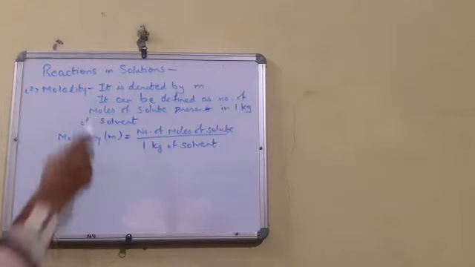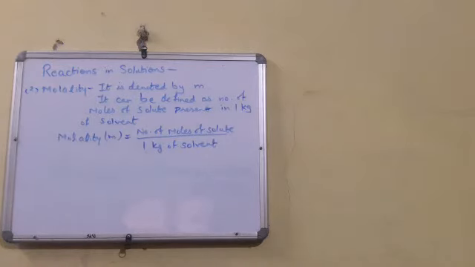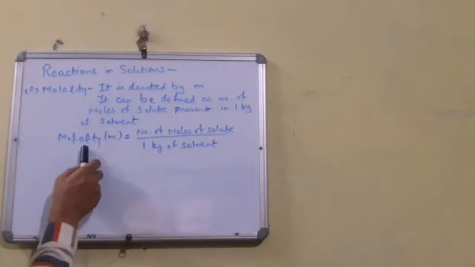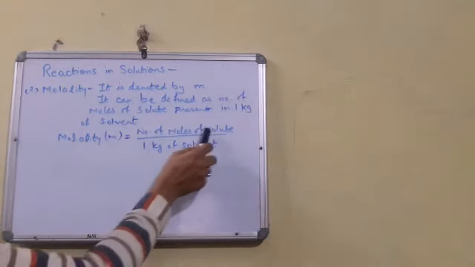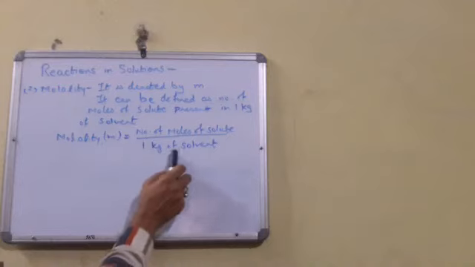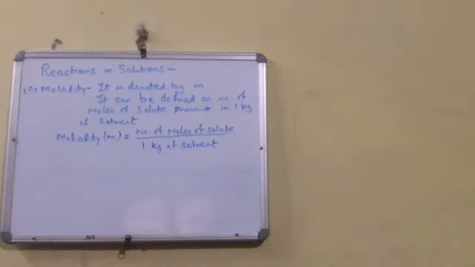Now see, next is molality. It is denoted by small m. It can be defined as the number of moles of solute that is present in 1 kg of solvent. Understood? Molality, small m, is equal to number of moles of solute upon 1 kg of solvent. That means if we are dissolving 1 mole of any solute in 1 kg of solvent, then we can write it as small m, that is 1 m.